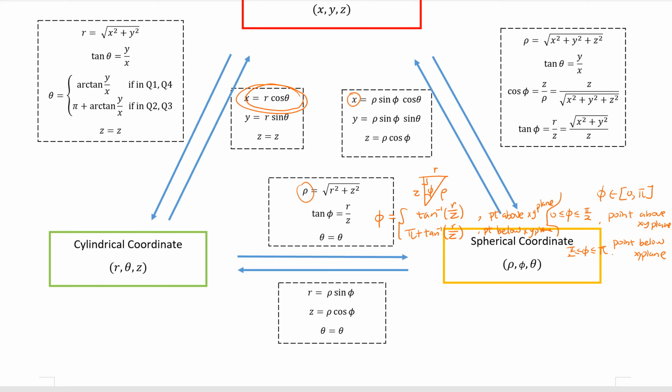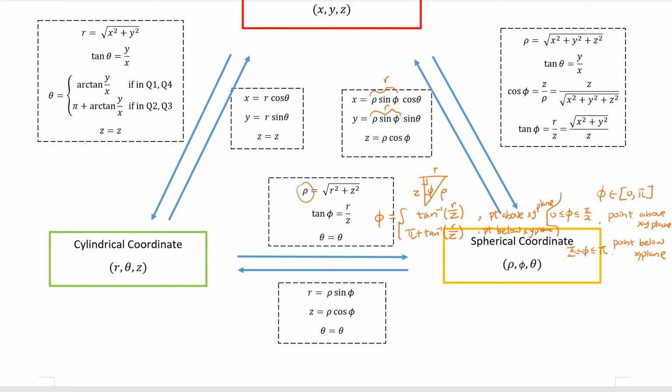So x is now rho sine phi cosine theta, because that is like r. And then y is r times sine theta, and r is rho sine phi, so y is rho sine phi sine theta, and then z is rho cosine phi. Okay, we know that.